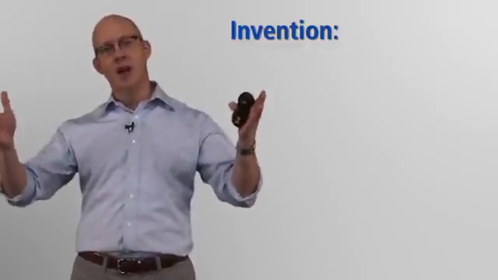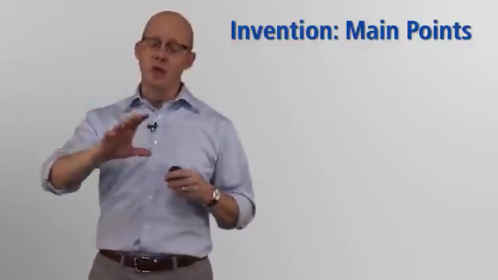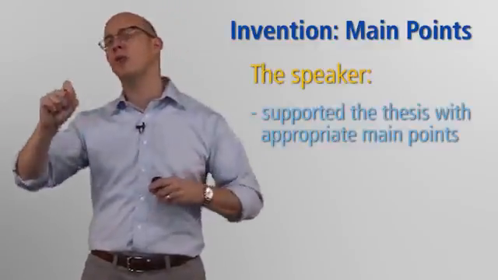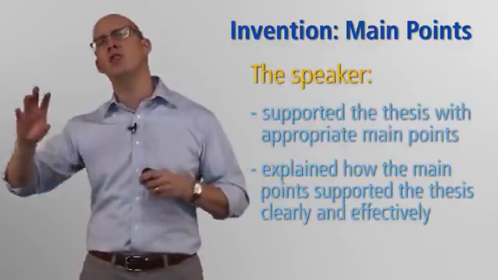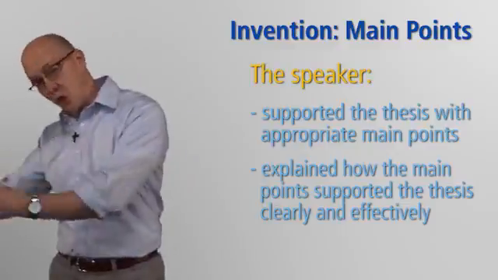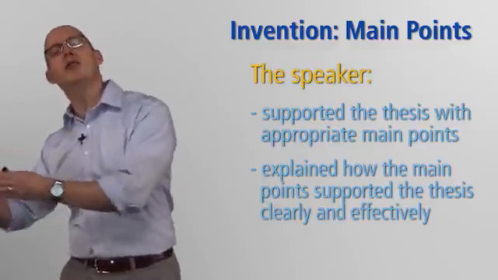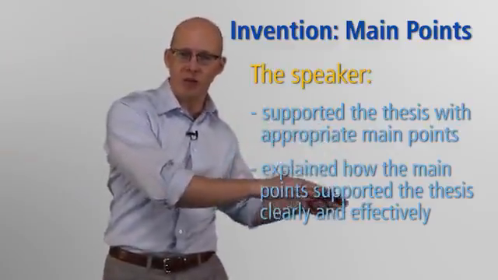So to begin with, I'm looking at invention, and one of the concerns I have in invention are the main points. So you can see I'm interested in, does the speaker support the thesis with appropriate main points? Does the speaker explain how the main points supported the thesis clearly and effectively? So are the main points good on their own, and is the speaker doing their job in explaining the relationship between the main points and the thesis?